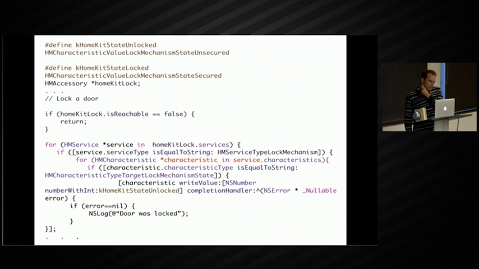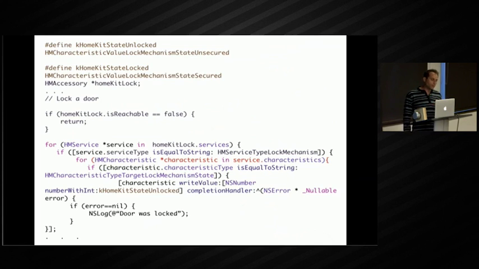So this is how to actually operate a lock. The constants, even in Swift, the constant names are really, really long. It doesn't really fit easily in a PowerPoint. So we have this constant lock mechanism secured and unsecured, and a device can be reachable or unreachable, which basically means that we see it advertising. It's basically tied in with Bluetooth and Bluetooth Low Energy for the Bluetooth case.